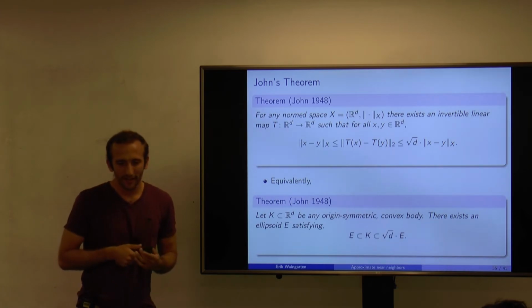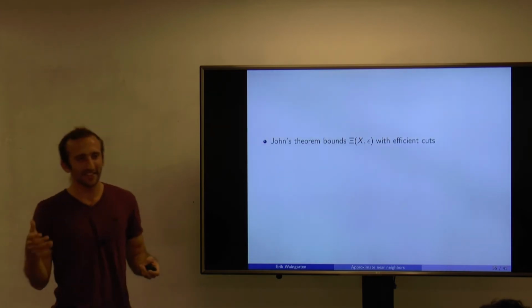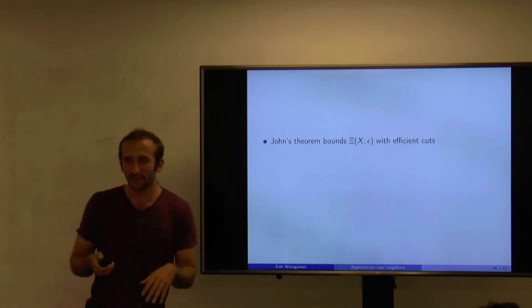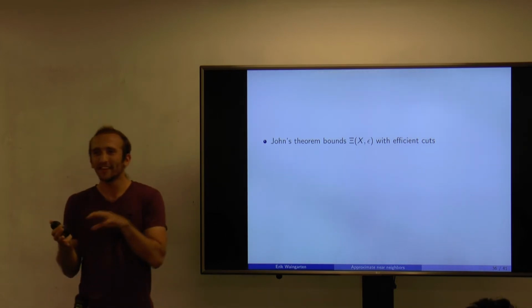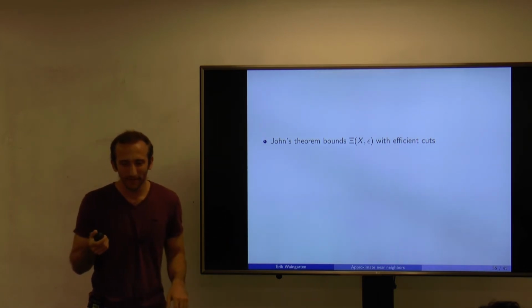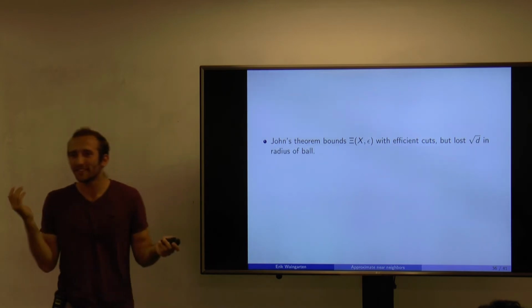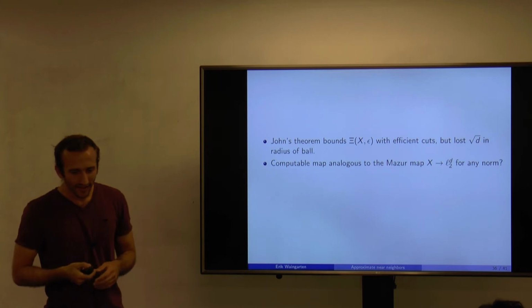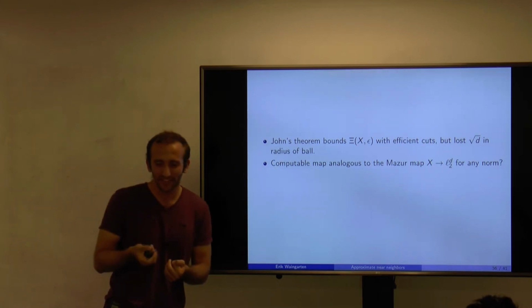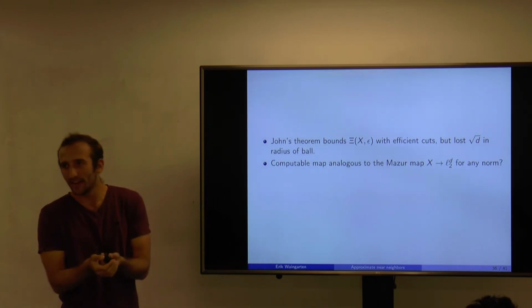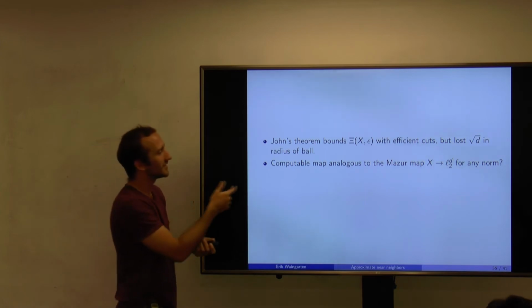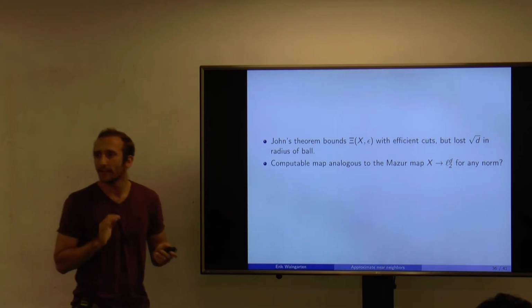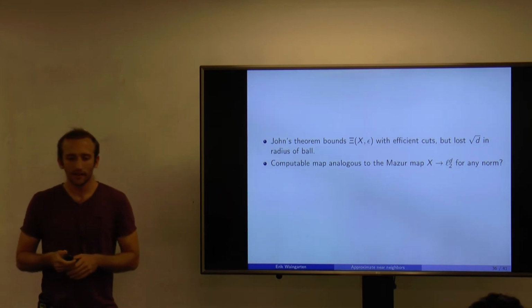So John's theorem actually gives us a bound on the cutting modulus with efficient cuts. You take your points and map them with John's theorem, but it loses this factor square root d, so we're back at the embeddings approach. We don't want to do this. What we want is to find a map, analogous to the Nasser map, that works for any norm, mapping x into L2. And that's what we'll show.